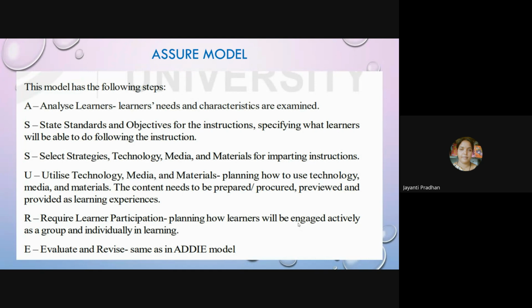Based on that, for every state a different standard is kept, and nation to nation also the standard differs. So here in the second step, the state standards and objectives for the instruction, specifying what learners will be able to do following the instruction, are mentioned. What is the state standard?